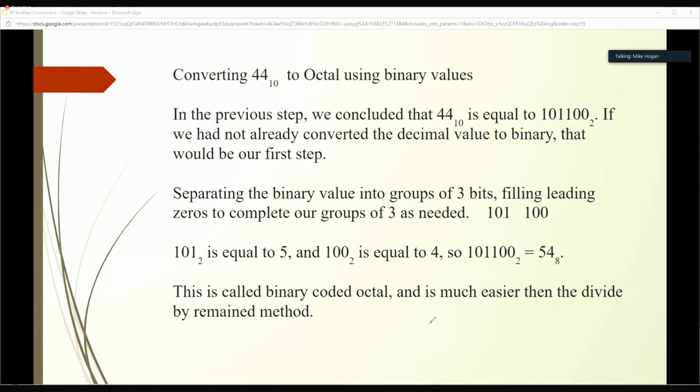Let's just say instead of 101100, we had 11001, and we were going to convert that to octal.